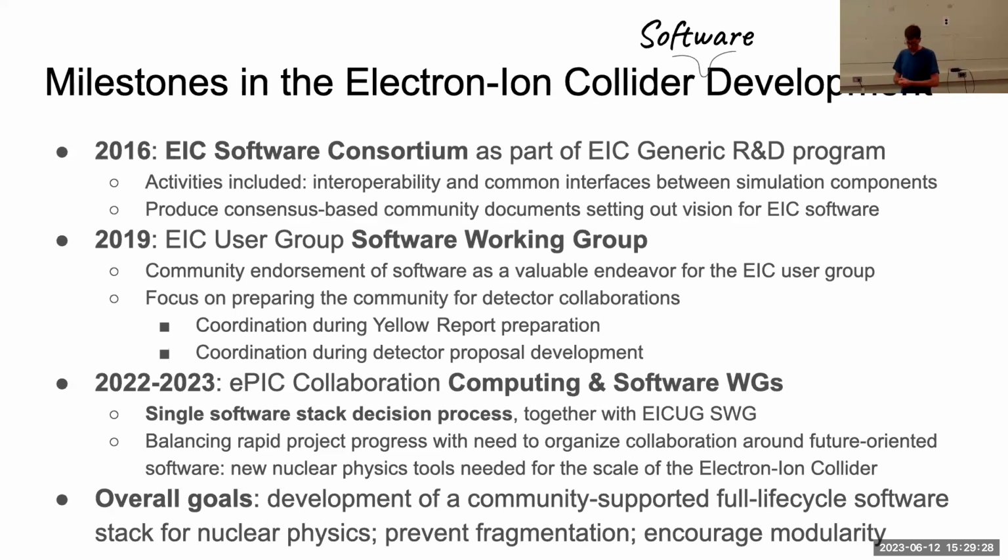Now, one of the things that's somewhat challenging with the EIC, not just somewhat challenging, but very challenging, is that we're writing software now that is going to have to be used for data taking and analysis in 2035. Think back 10, 15 years ago, what software looked like back then, and it looks very different than it looks now. 10, 15 years ago, people using Python were a very small minority.